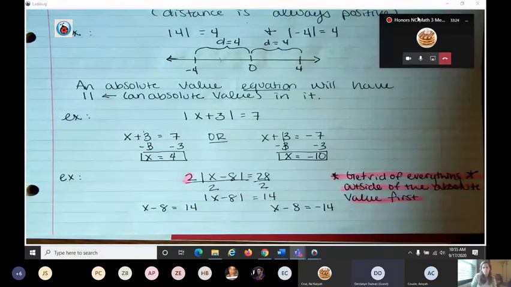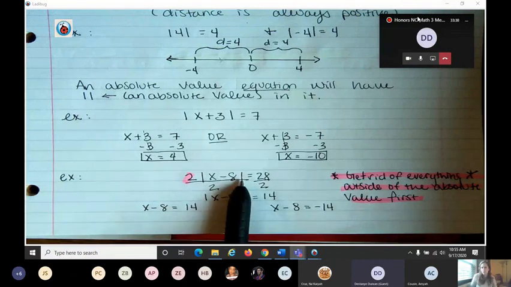I have a question. Yeah, what's your question? Why did you put those 2 lines between the 2 and the x and behind the 8? Because that's confusing me. These are the absolute value bars. Do we have to necessarily put them? Yes, absolutely.